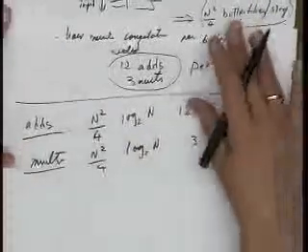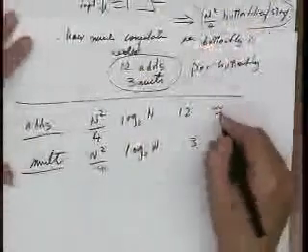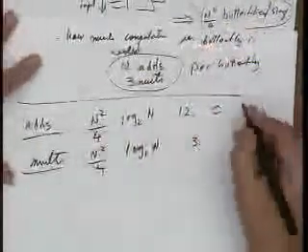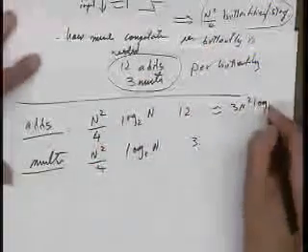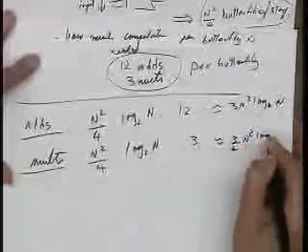Approximately speaking, this becomes 3n squared log 2n, and this becomes 3/4 n squared log 2n.